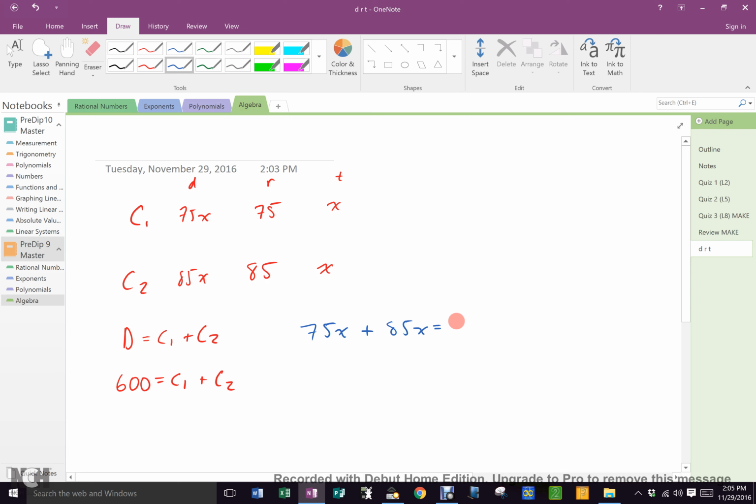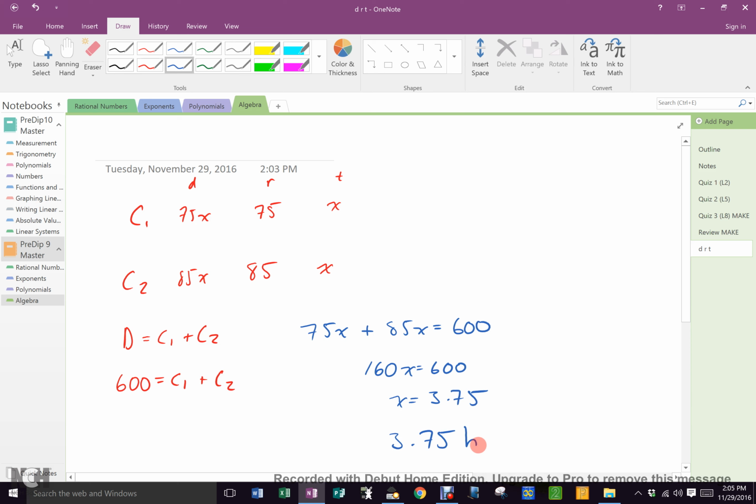And what does that have to equal? 600. 75 and 85 is what? 160x has to equal 600. So what does x equal? 3.75. So my time is 3.75 hours.